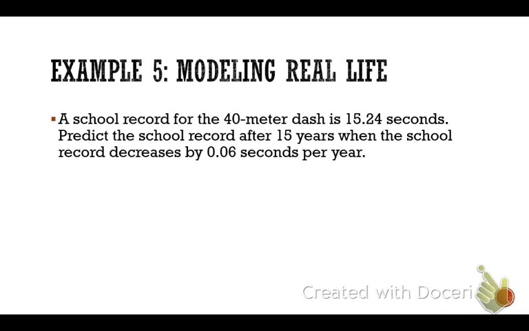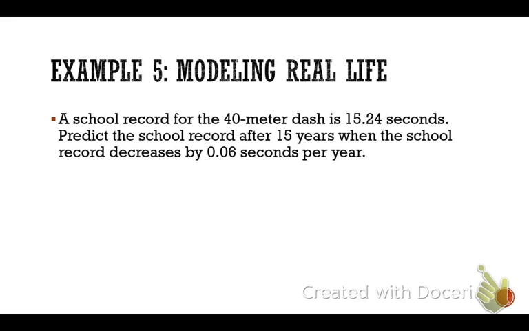All right, so there's one way you could do it. You could take 15.24 minus 0.06 minus 0.06, 15 times. Does that sound like fun? No. So, given the topic of our lesson today, anybody have any ideas what I could do?